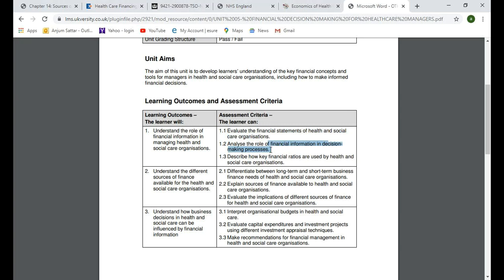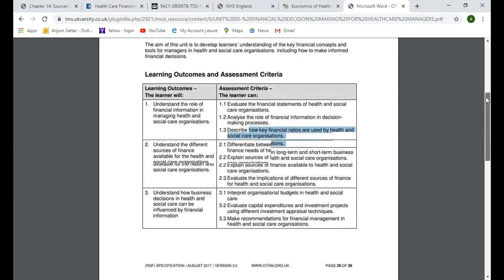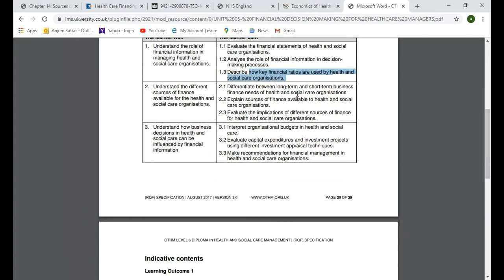We also discussed why information is required to help make decisions, and the key financial ratios in four categories: profitability, liquidity, use of resources, and gearing.